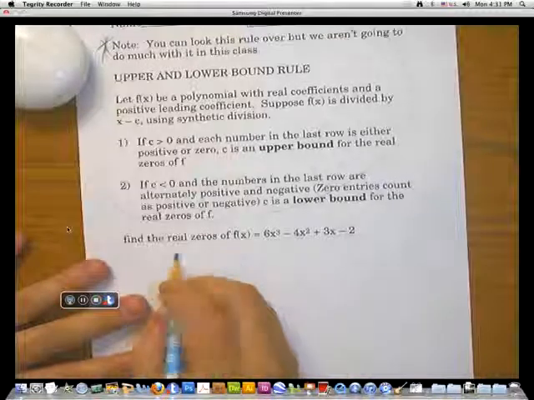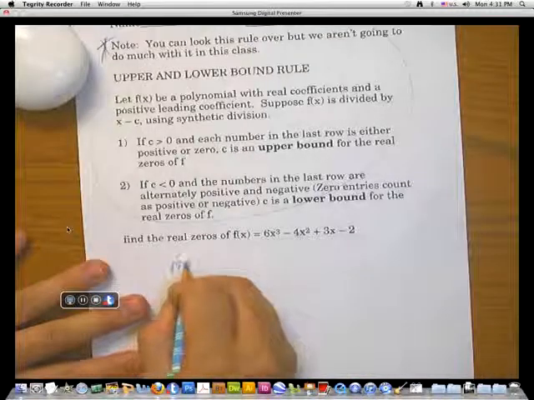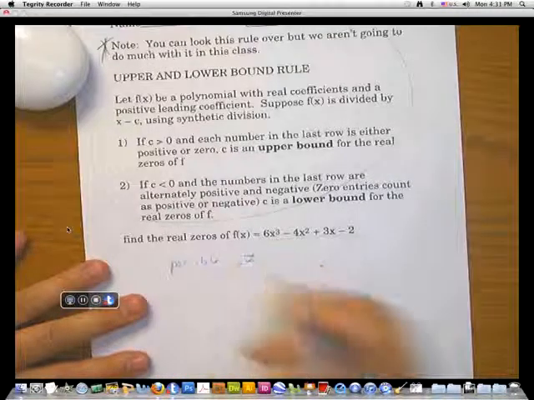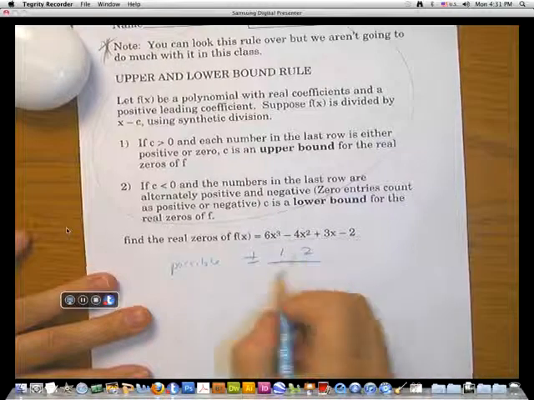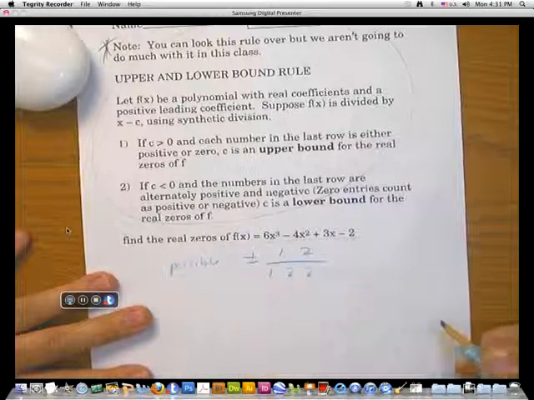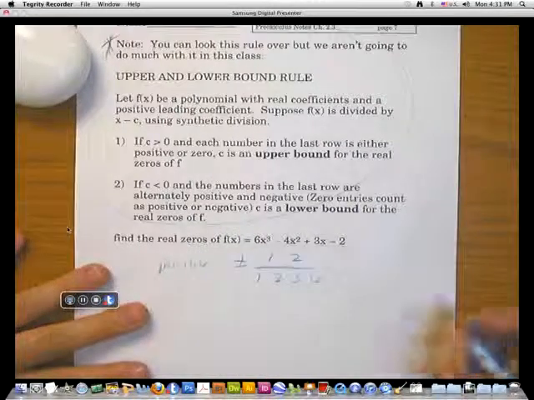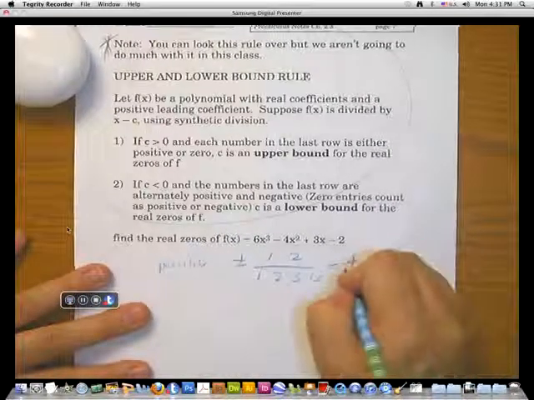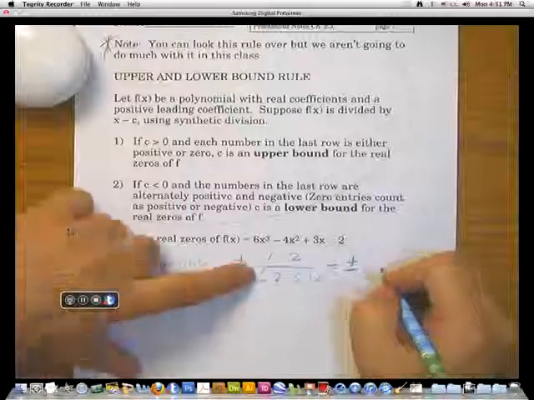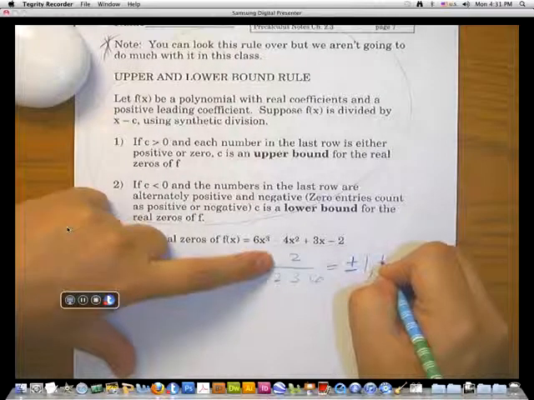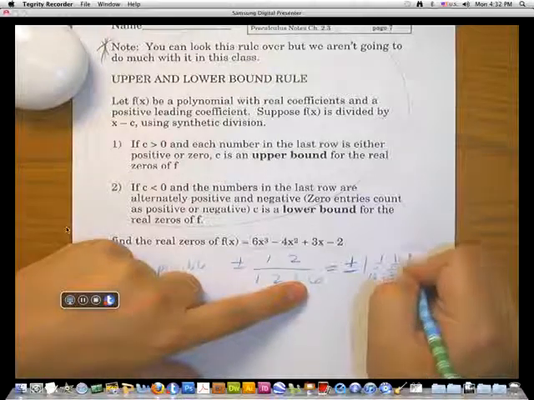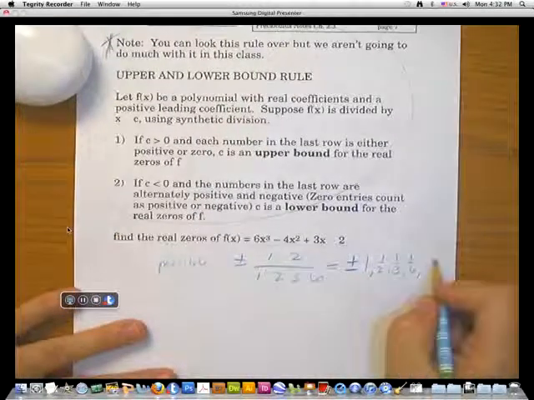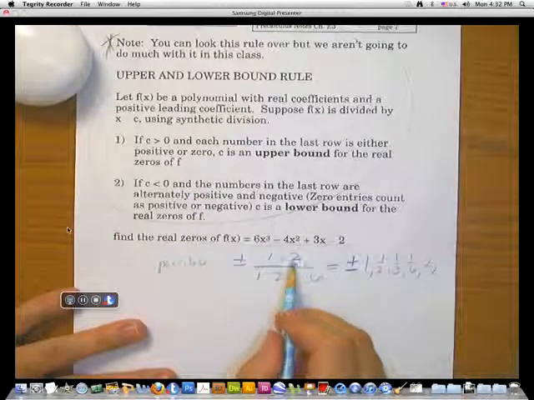So first of all, what we're going to do is find the possible zeros. Possible zeros are the factors of the constant over the factors of the leading coefficient. So the list is all positive, negative, and I could go 1, 1/2, 1/3, 1/6, 2. 2 over 2 is 1.